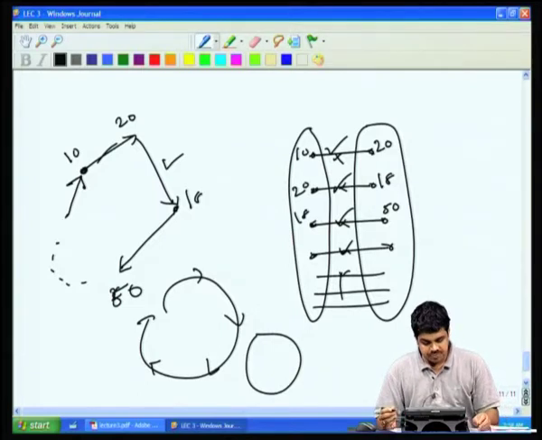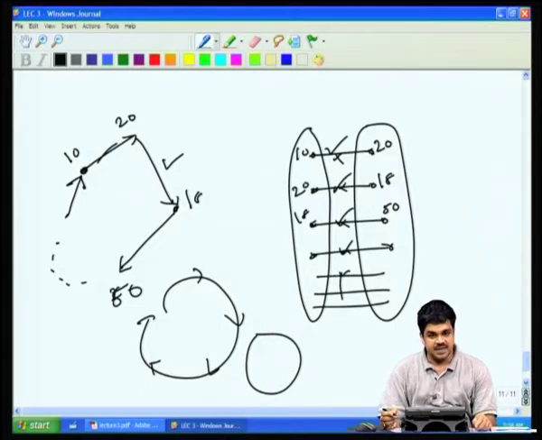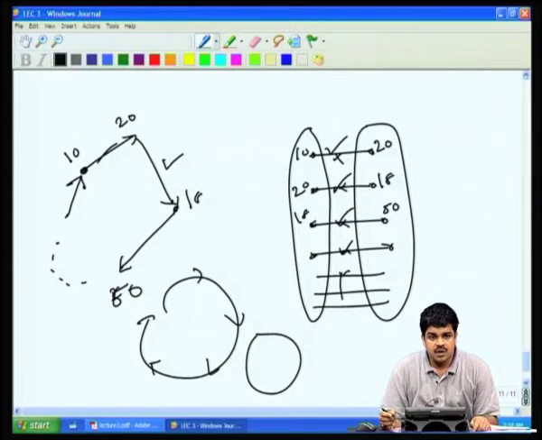Therefore, to prove our theorem, given an undirected graph, the extra condition on the undirected graph is that every degree is equal to 2k, where 2k is some even number.